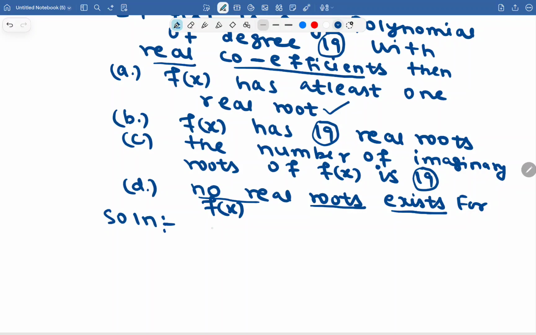Solution. Here n is equal to 19, which is odd.